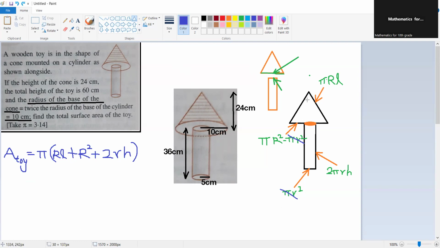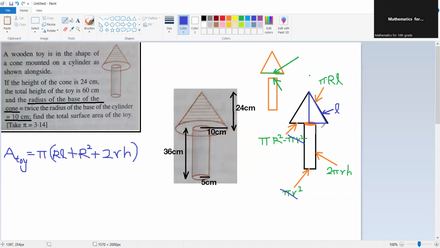In this cone, if we take half the cone, it will look something like this, and out of that, this one is L. This is the slanted length.